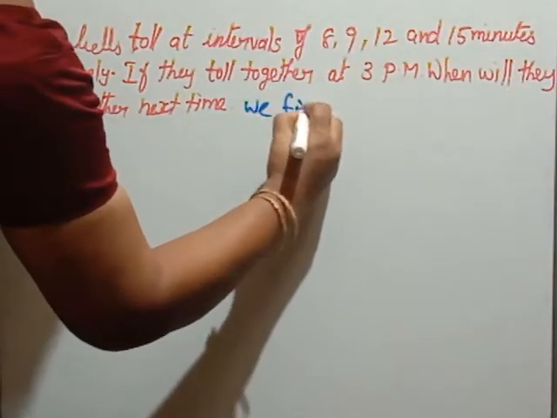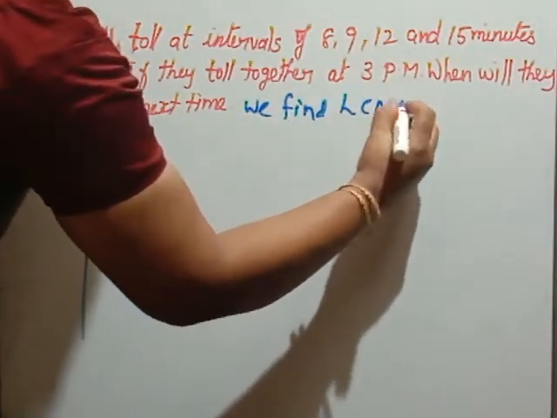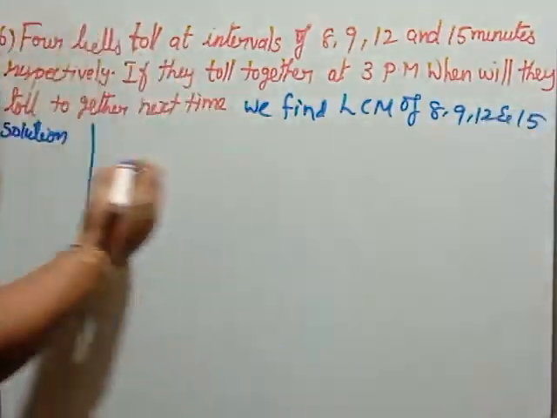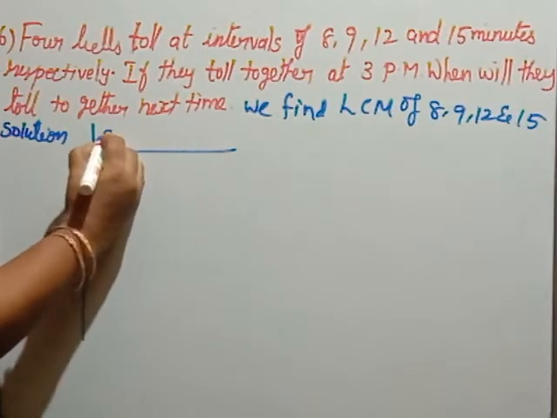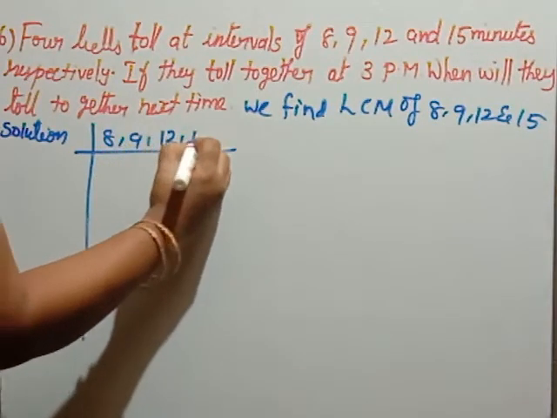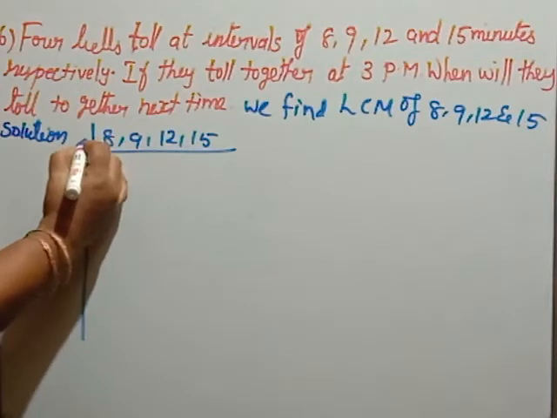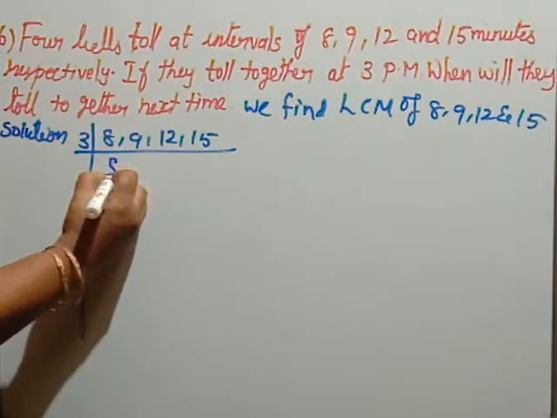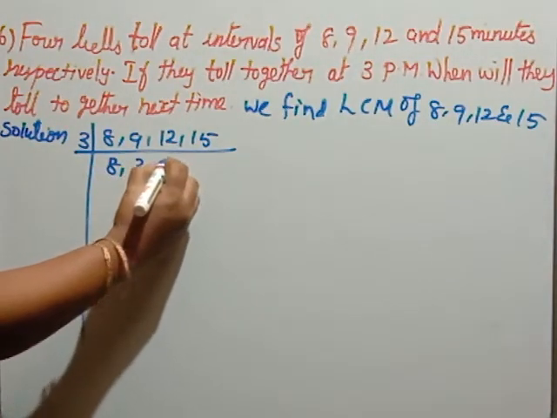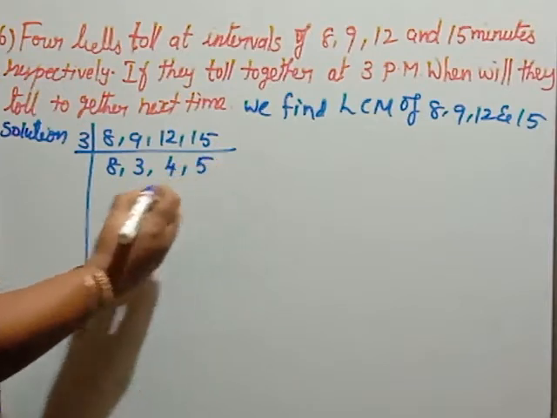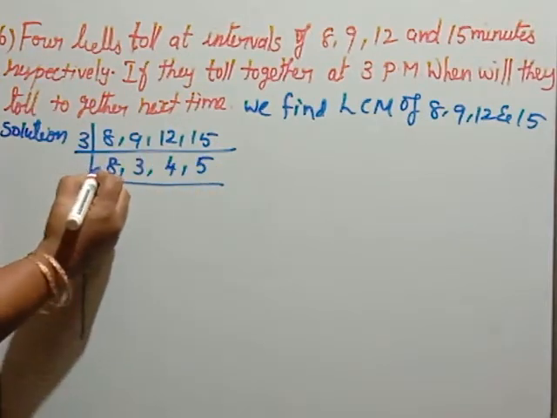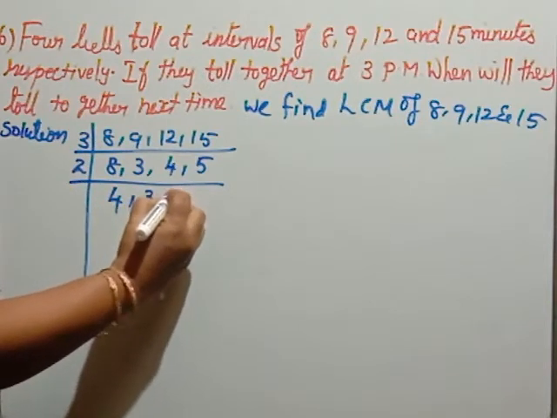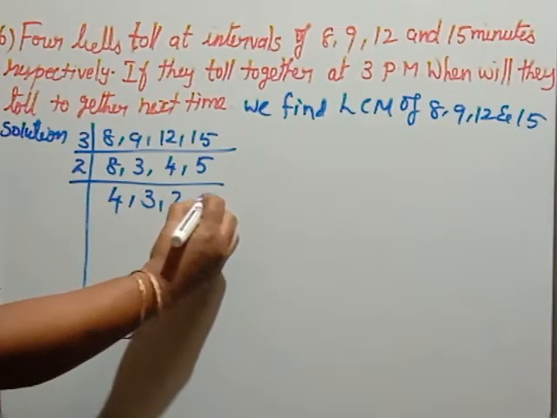Now first we'll find the LCM of 8, 9, 12 and 15. Now I'll take 3, because maximum numbers can divide by 3. 8 bring as it is, 3 3s are 9, 4 3s are 12, 5 3s are 15. Now I'll take 2. 4 2s are 8, 3 bring as it is, 2 2s are 4, 5.